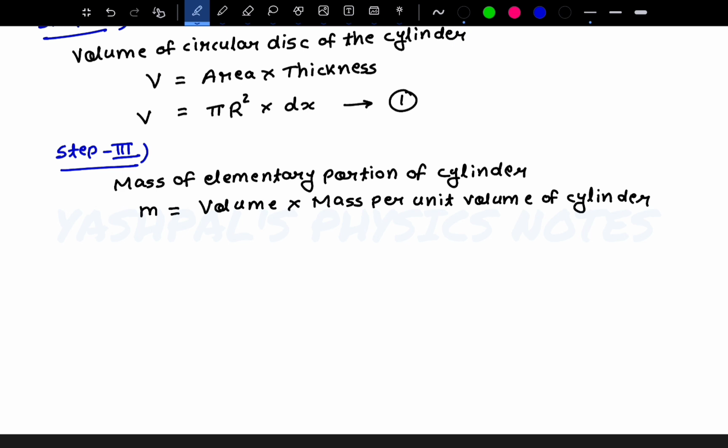So here from step number 1 we have already found the volume. What we are going to do is substitute this volume in the above equation. Therefore small m is equal to pi r square dx, into the mass per unit volume of the cylinder.